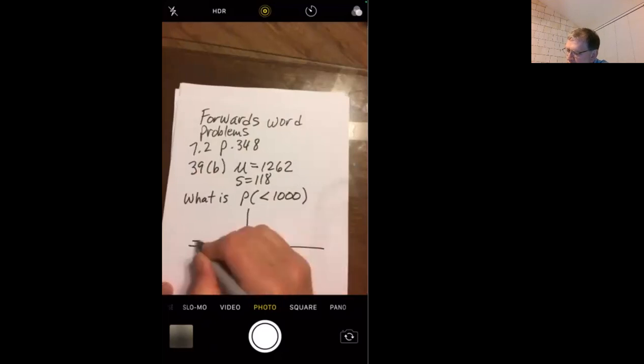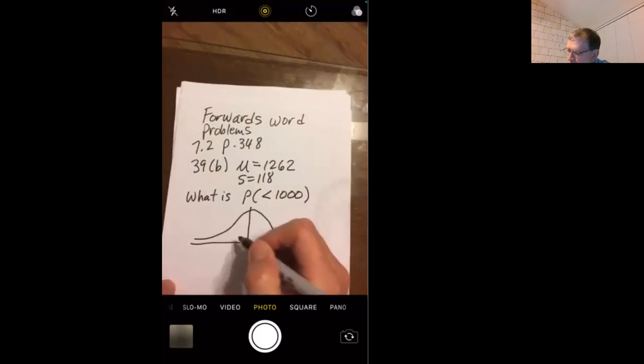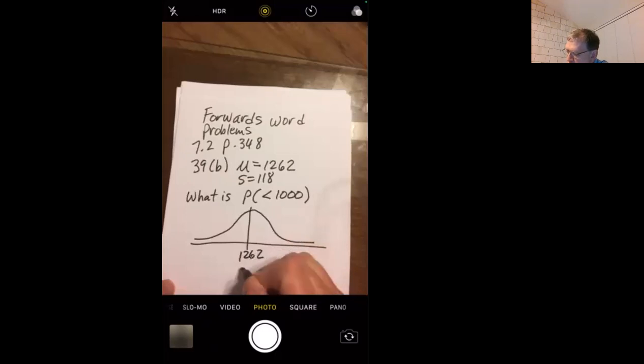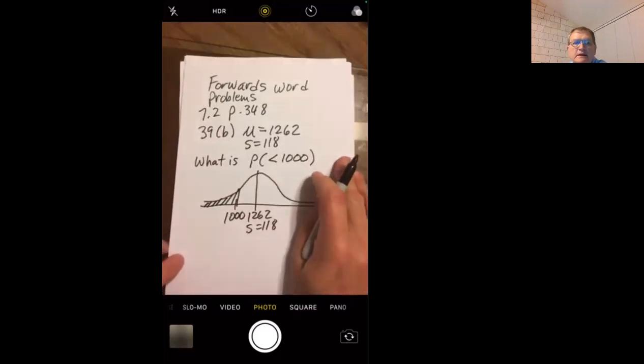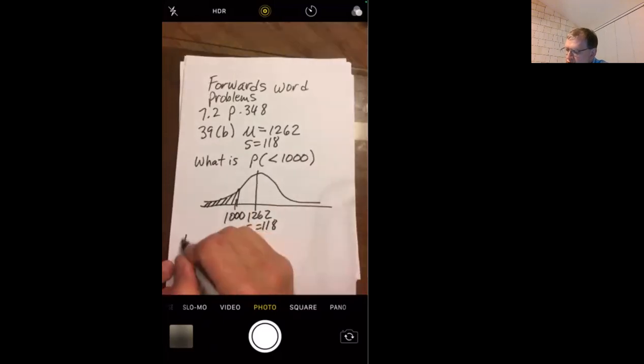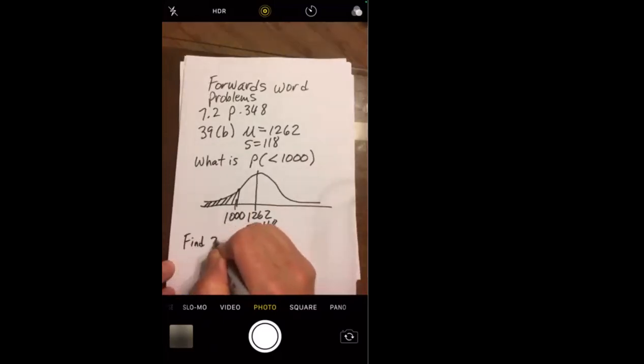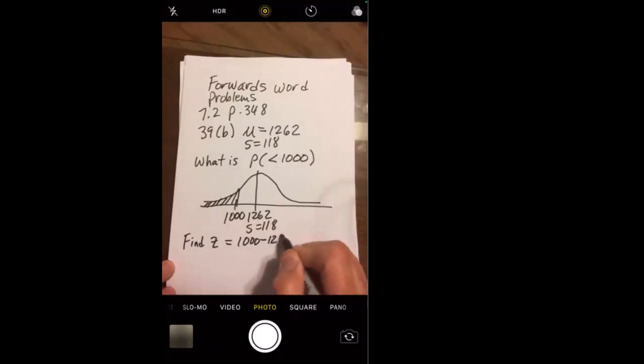So we picture this. 1,262 in the middle, standard deviation 118. 1,000 is less than 1,262 and we shade less than that. So we find our z value. It equals 1,000 minus the 1,262 divided by 118.